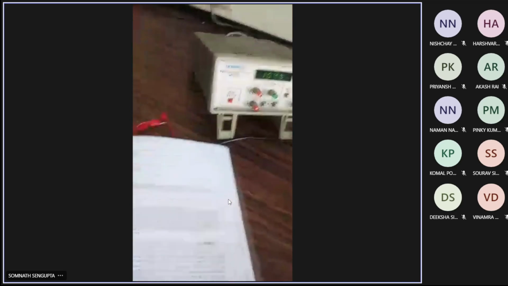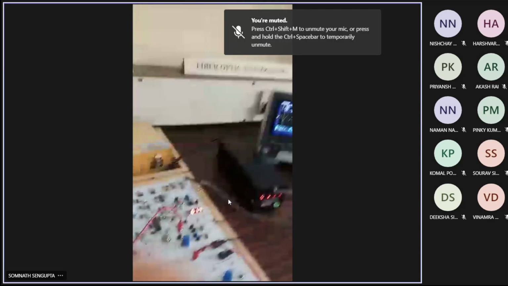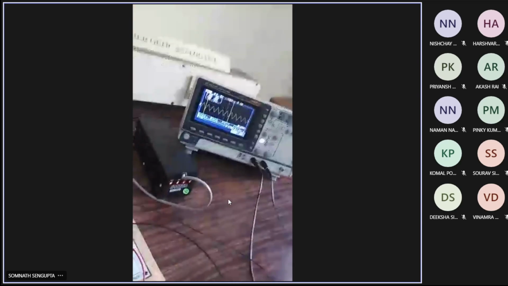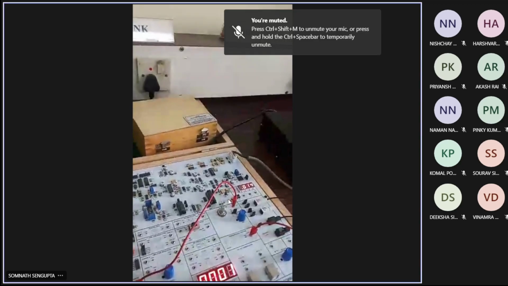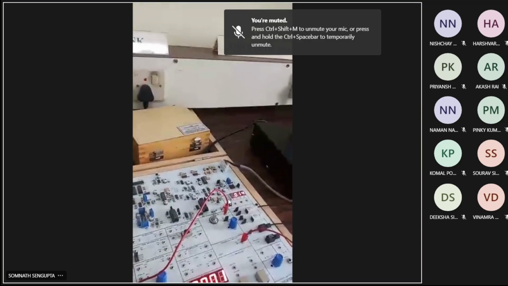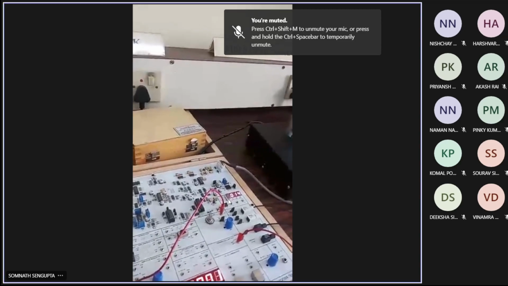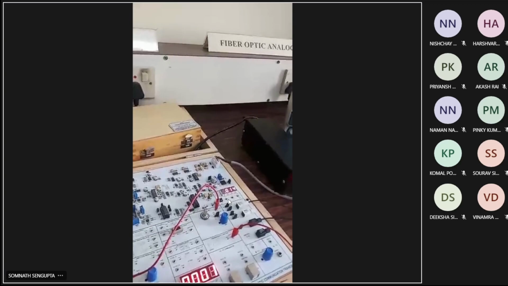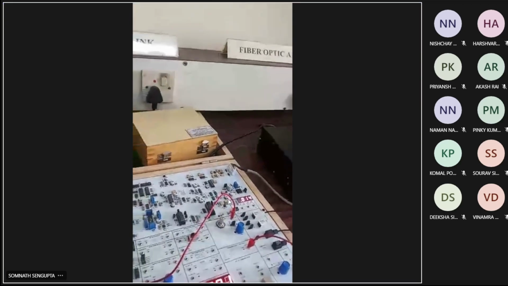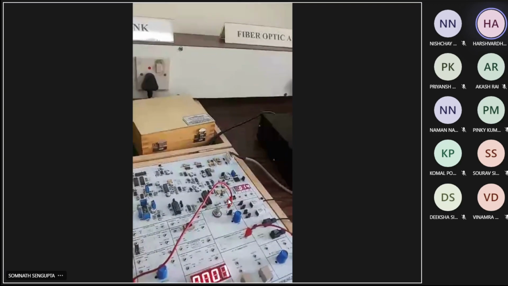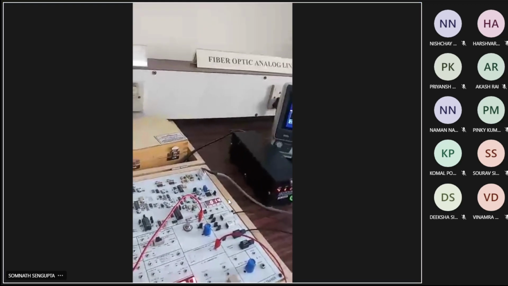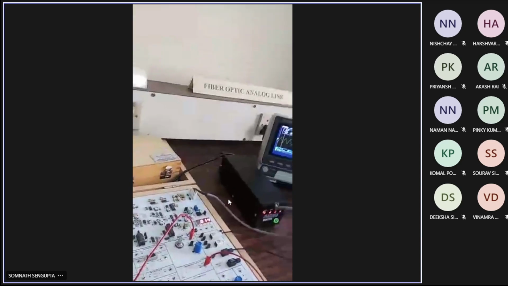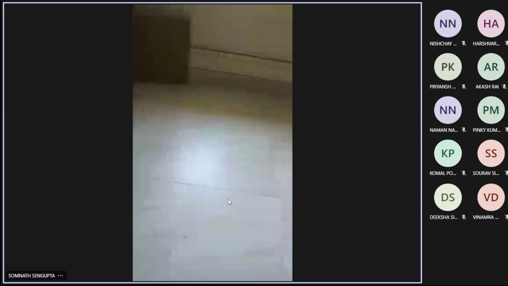So what is the difference between these two? 660 nanometer and 950 nanometer. What is the difference? How will you characterize this? So they are from different generations. That's true. Source is different. But what property distinguishes them in terms of light?